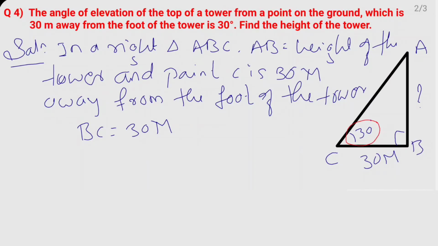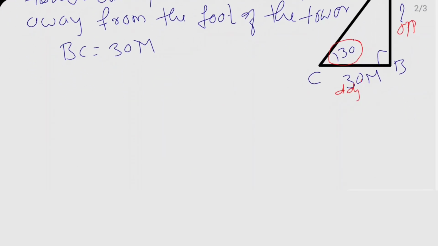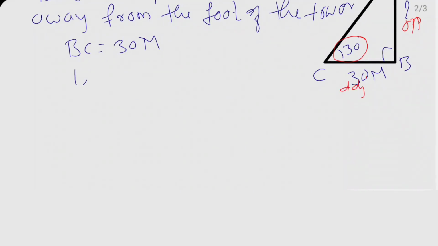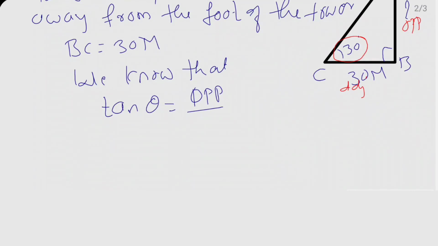So look at the figure. When we consider angle 30 here, that time AB becomes the opposite side and BC becomes the adjacent side. So here using opposite we want to find out adjacent. So these two ratios we get in tan and cot theta. So here I will consider tan theta. We know that tan theta equal to opposite by adjacent.